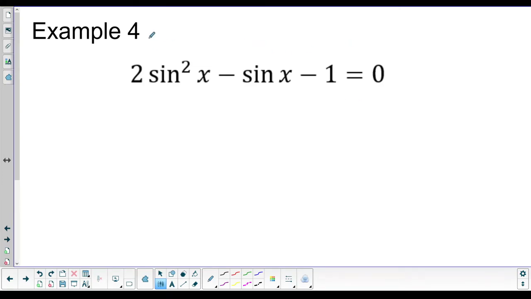So we have basically 2x squared minus x minus 1 equals 0. And then there's a little aside over here that says let x equal sine of x, right? You just replace your x's with signs, and it's the exact same thing. So we're going to solve it the exact same way. We're going to factor this and then set the factors equal to 0.